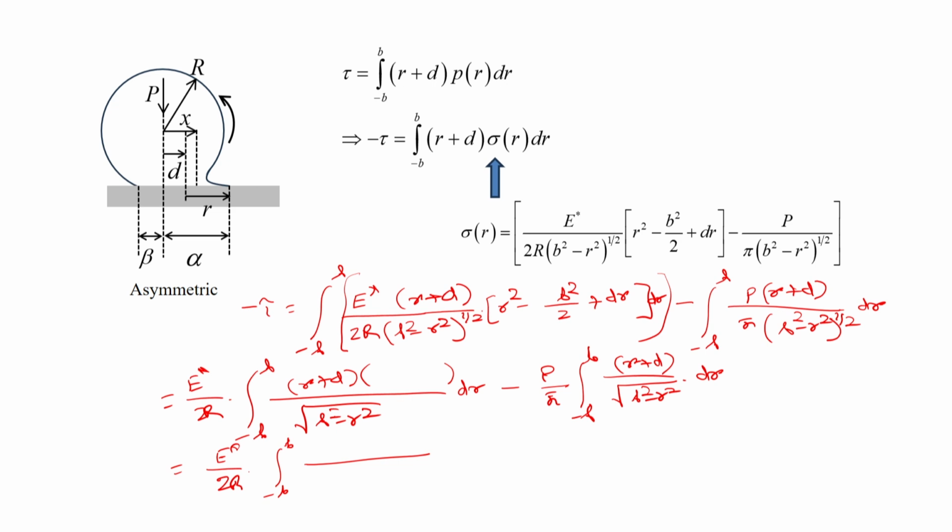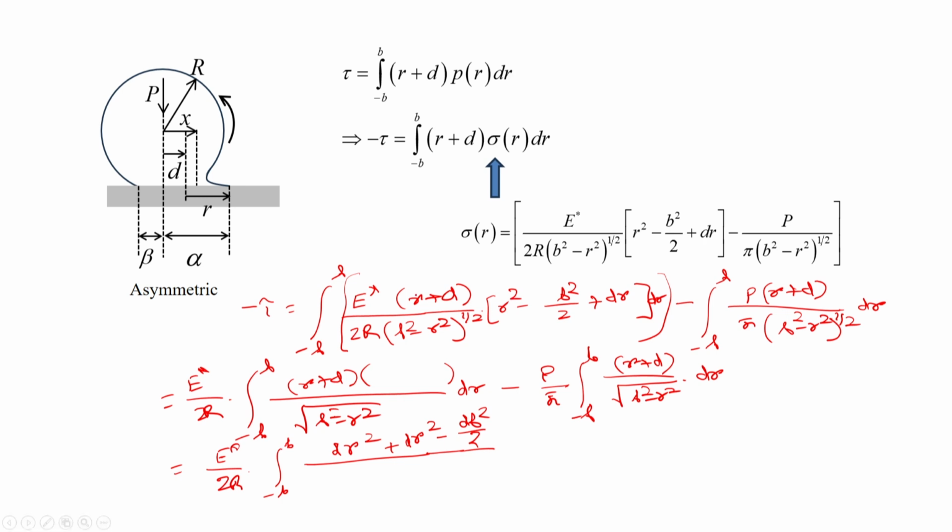So, here for example, what I will have is r plus d. The r cube term over here will go, here b square by 2 into r will also go, and then the r square term will be there. So, it will have d into r square, that is one term, and then plus d into r square, another term over here, and then d into minus b square by 2, that term will also be there. See here, r into r cube is an odd number.